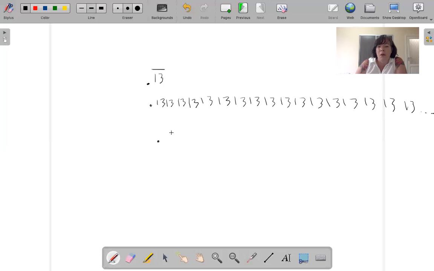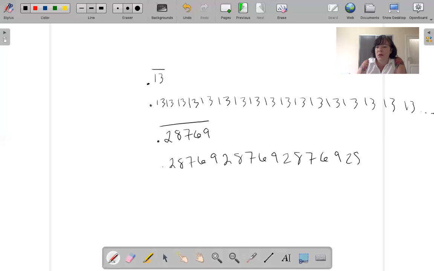It could be 0.28769 repeating. That's 0.28769, 28769, 28769, and it never, ever stops. So if you see this line right here, it means repeating.